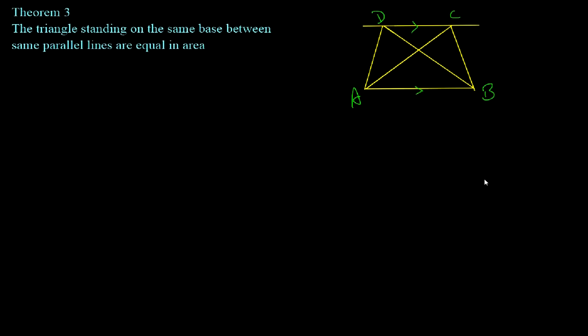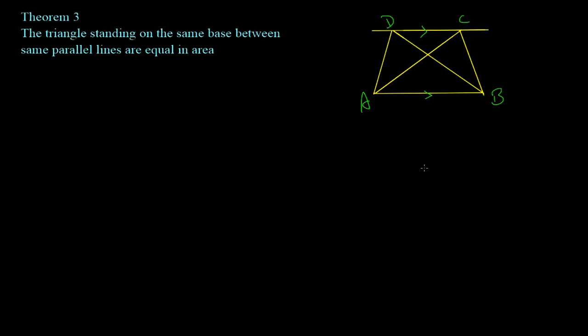Let's get into theorem 3. The triangles standing on the same base between the same parallel lines are equal in area. For proving this theorem also we have two methods or many methods, but I know of two, and it is quite easy.